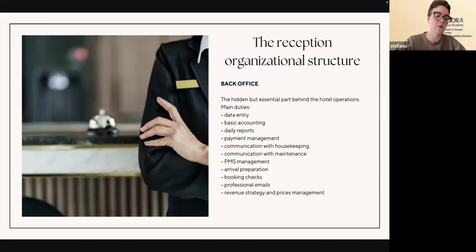Arrival date, number of people, departure date, the price, the room type, everything. You will see that in hotel reception, there is a continuous check of everything, because especially when there are a lot of room reservations, it's always a good thing to check sometimes if everything is in order.